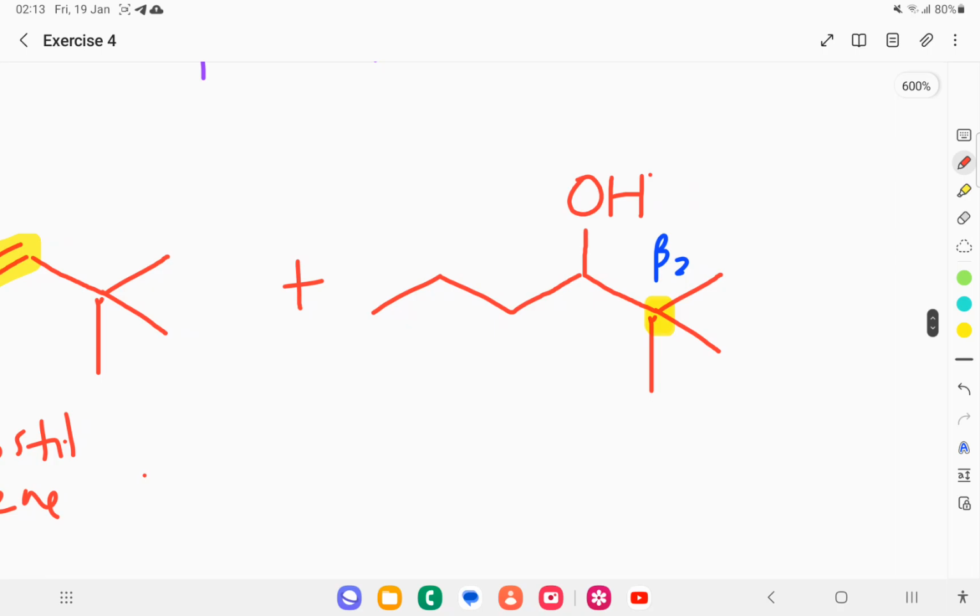For the second product, or the last product, sorry, we cannot remove a hydrogen from the second beta carbon because it doesn't have a hydrogen. So we must do a rearrangement.